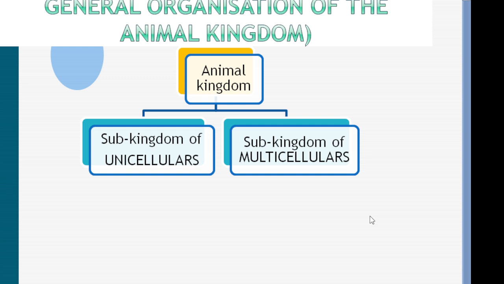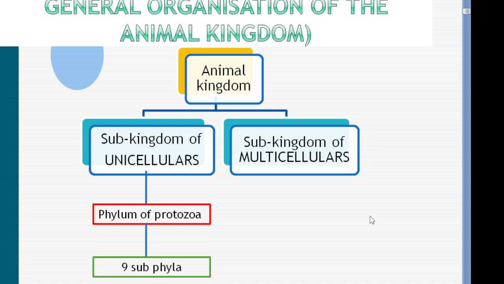So, as I said before, the animal kingdom is divided in two subkingdoms. The first one is the subkingdom of unicellular. In the subkingdom, we will find all the living beings in a single cell, and they are represented by one phylum, which is the phylum of Protozoa, and which is represented by 9 subphyla or sub branches.